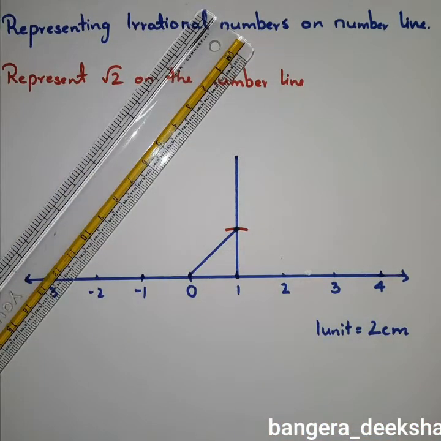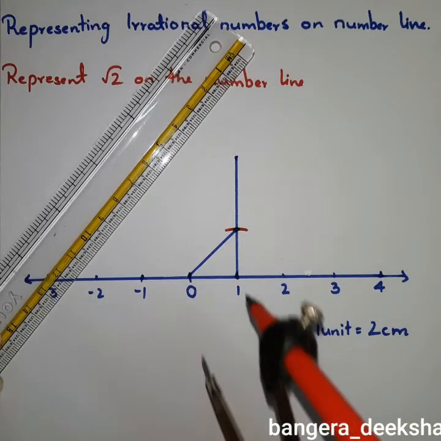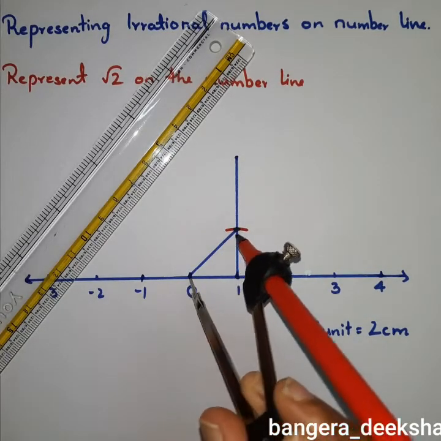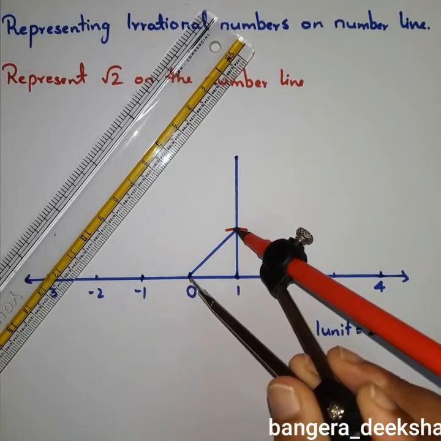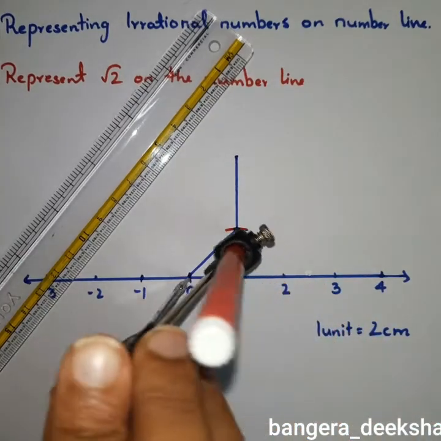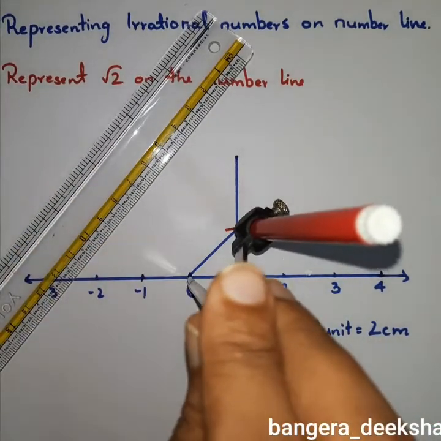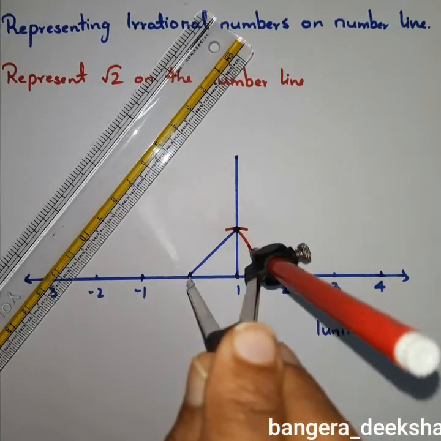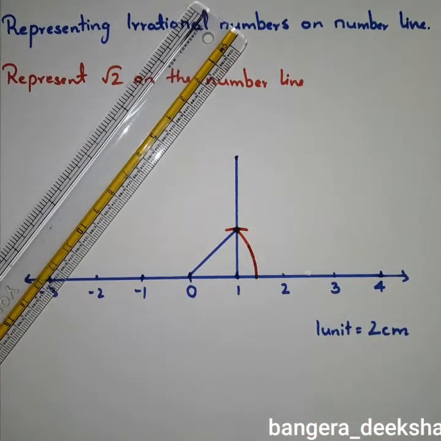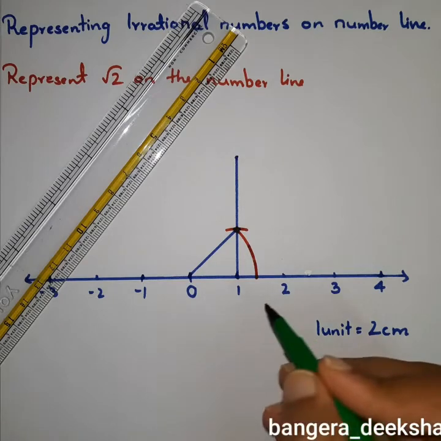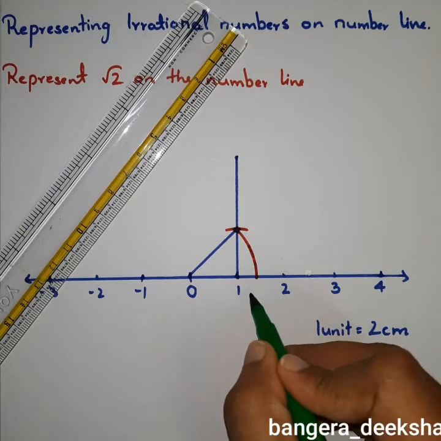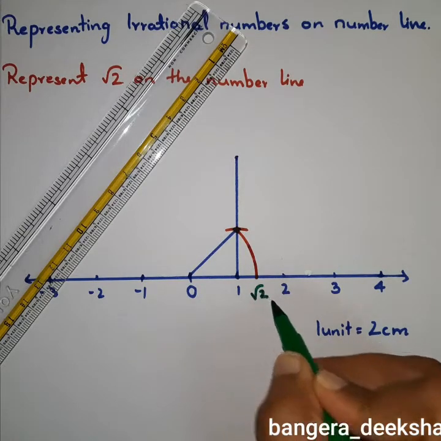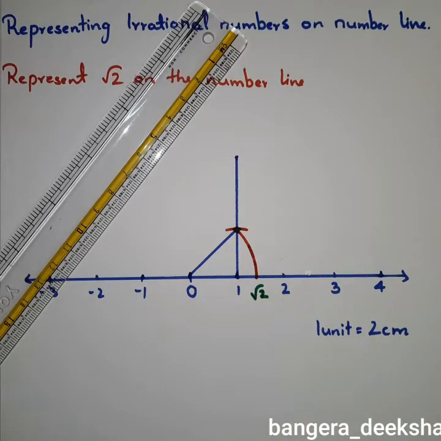Now you need to measure from 0 to the arc using your compass. So that is our measurement. You need to cut an arc in such a way that it will meet the number line. Once that meets the number line, the place where it's meeting is your root 2. Now you need to label it.